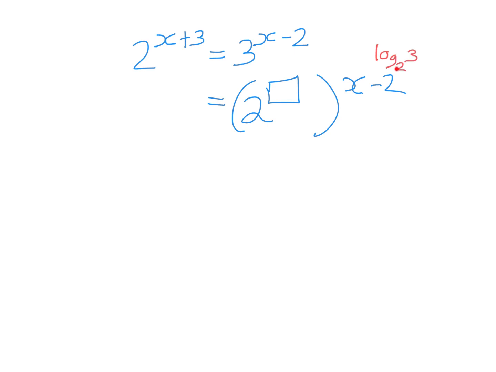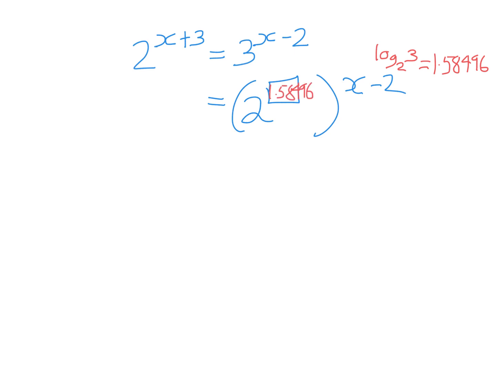So if you put this in your calculator, you might need to do log 3 divide log 2 if you can't input the base. But if you put that in your calculator, you get 1.58496. So that means, by definition of log, this number to this power equals that. It means 3 is 2 to the power of 1.58496.